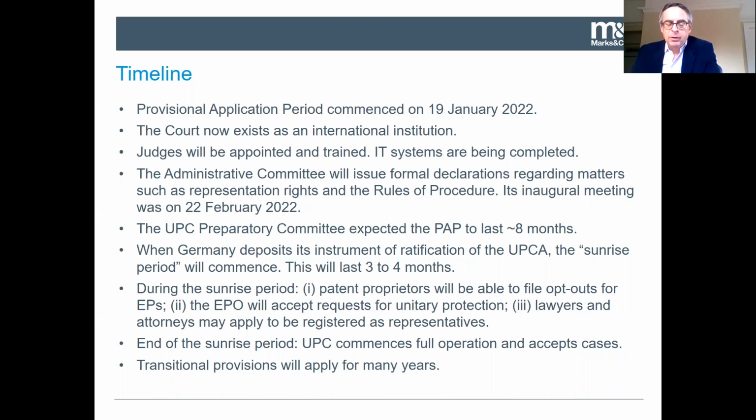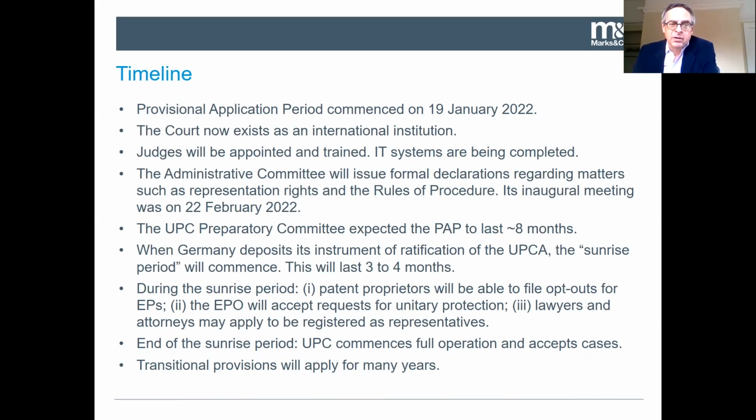There had been, following the agreement, the UPC agreement, and that being signed by all the participating countries, it was thought that things might move ahead very, very quickly. That all stopped because of some constitutional challenges in Germany.